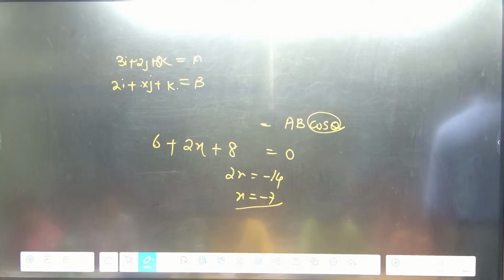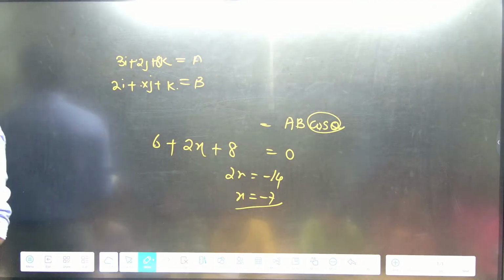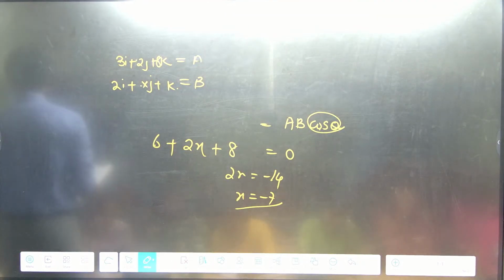A vector is equals to 2i cap plus 3j cap.